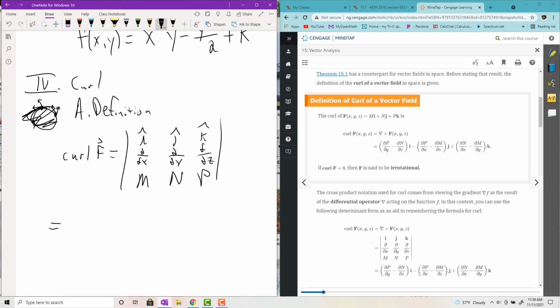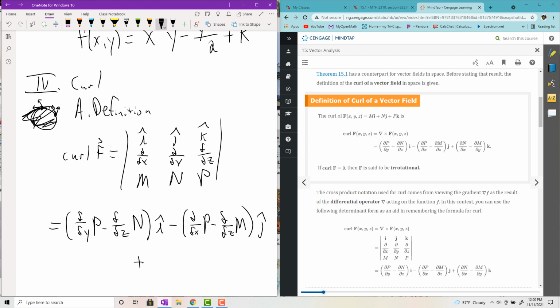So the curl of F will end up being, covering up the first row and the first column, partial with respect to y of P minus the partial with respect to z of N, times i. Then minus, covering up the middle column, partial with respect to x of P minus the partial with respect to z of M, times j.